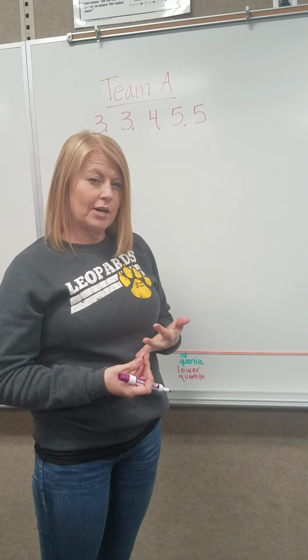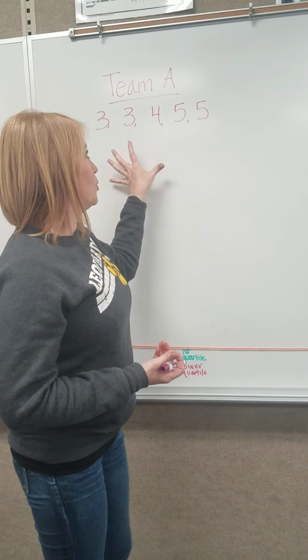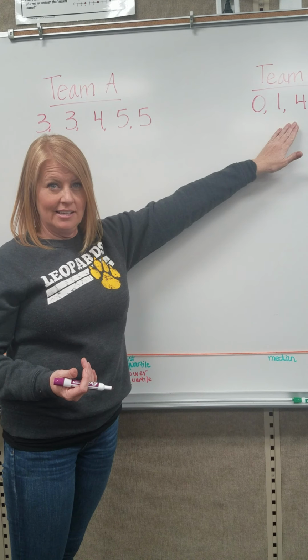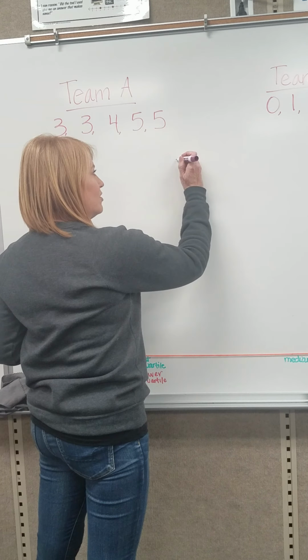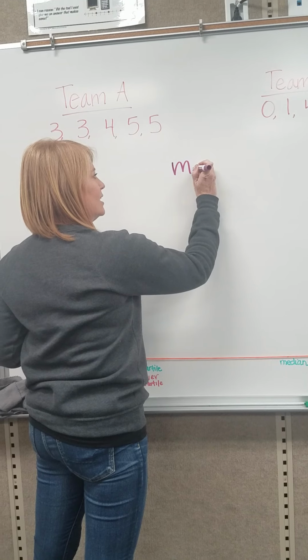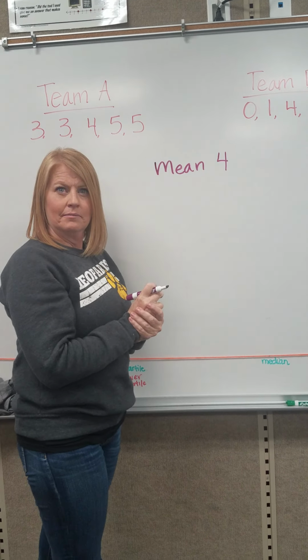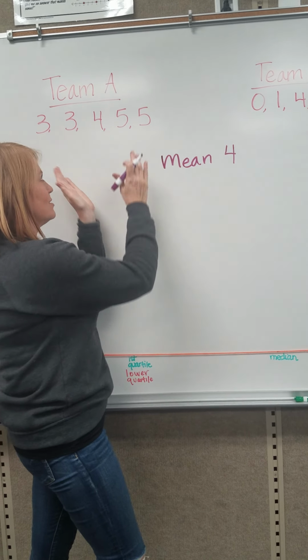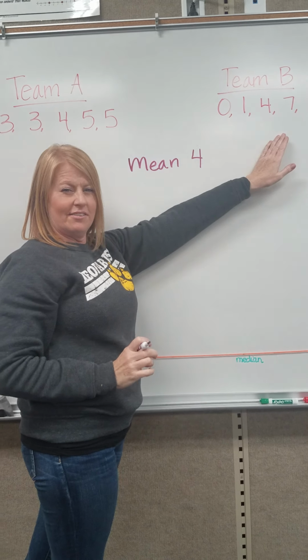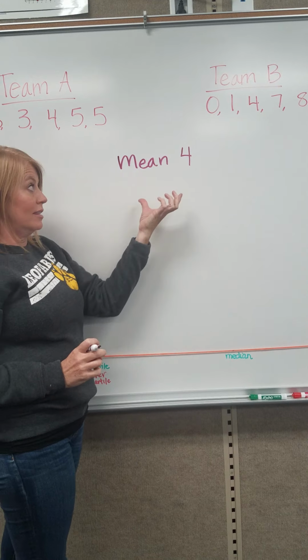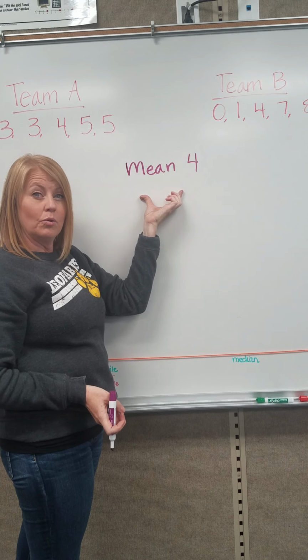Would it surprise you to know that both of these data sets have a mean of 4? Even though these data sets are a lot different from each other, the mean of both of those is 4.